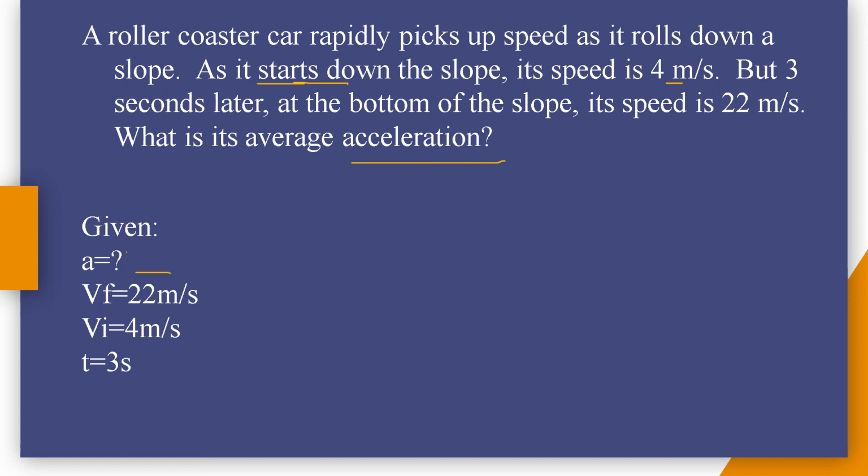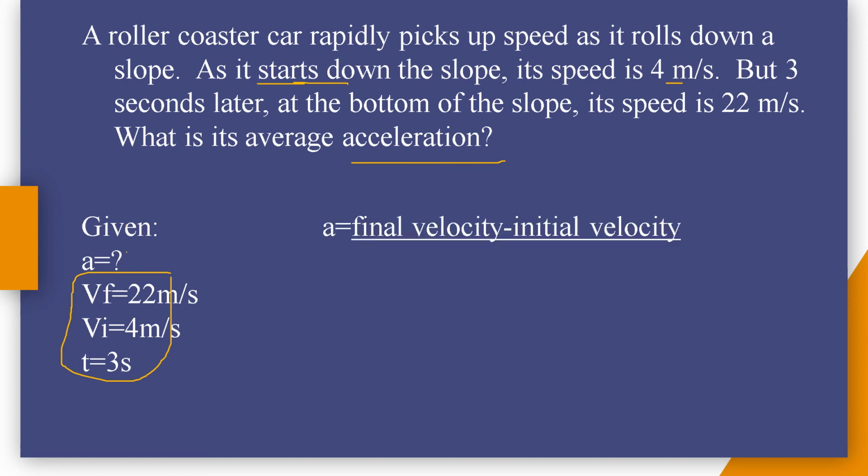So, by looking at this given, you can tell na pwede na tayong mag-proceed doon sa ating pagsusolve or sa ating solution. So, again, ang ating pong solution or ang ating formula is final velocity minus initial velocity over time. Okay? So, substitute lang natin siya. Yung final velocity natin is 22 meter per second and yung ating initial velocity is 4 meter per second.